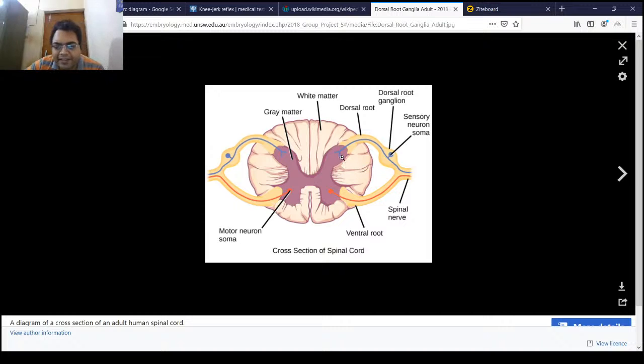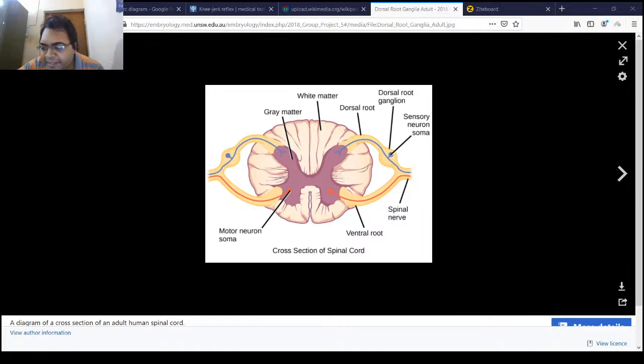You can see between the lateral horn and ventral horn, you have the lateral column, and towards the ventral horn, you have the ventral column. Column means white matter. So this is the entire specificity of the spinal cord related anatomical details.